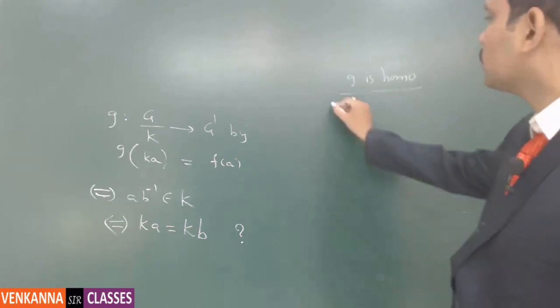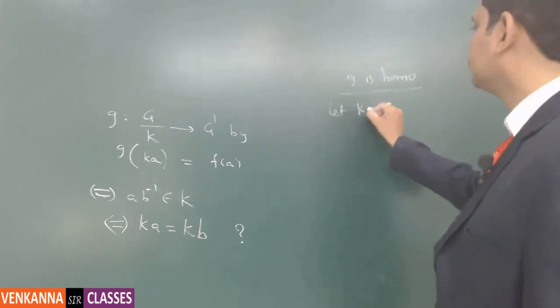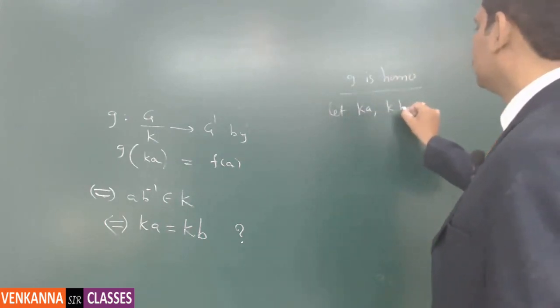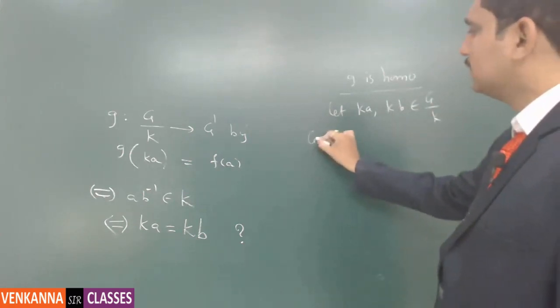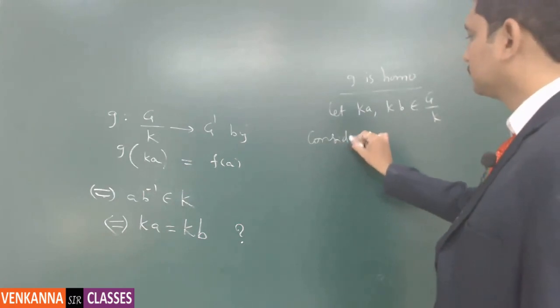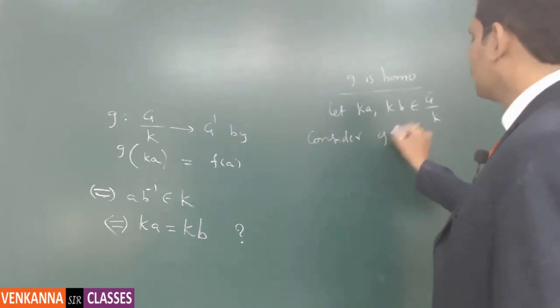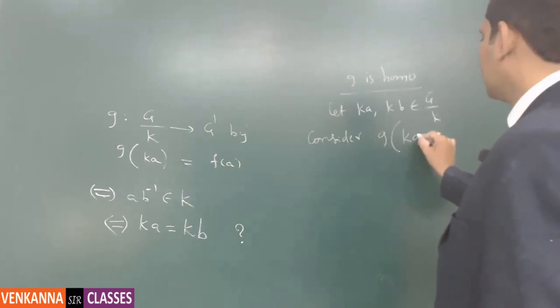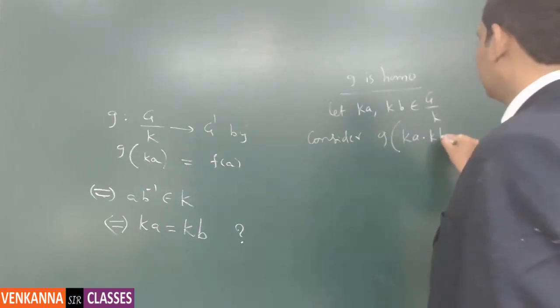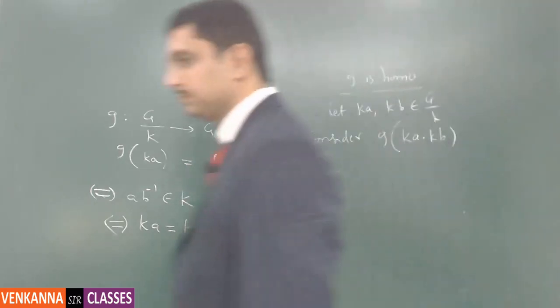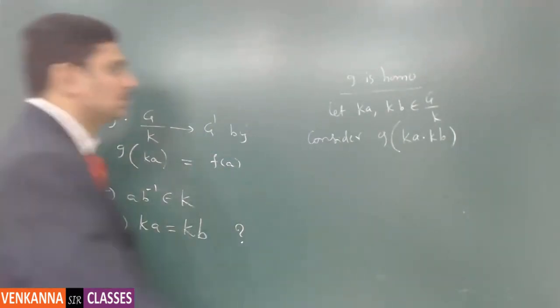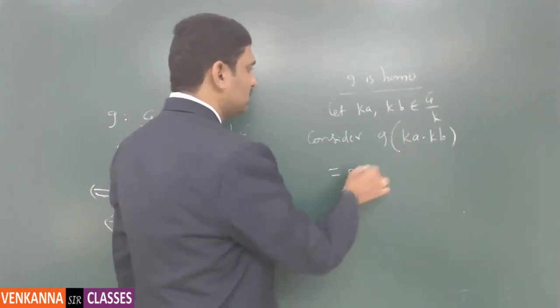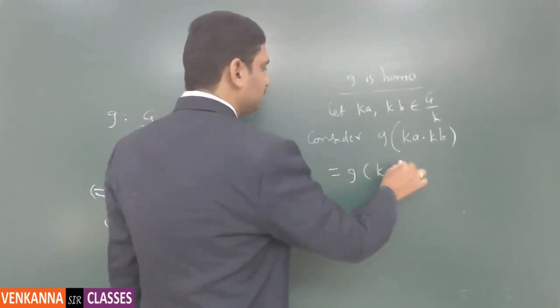So you take two cosets. Now you consider g of Ka dot Kb. So this is equal to g of Kab.